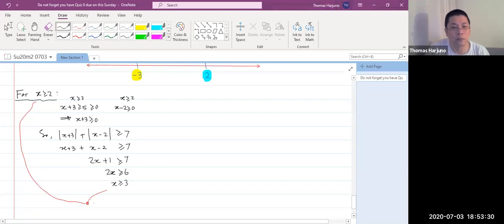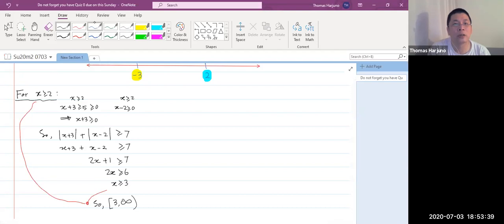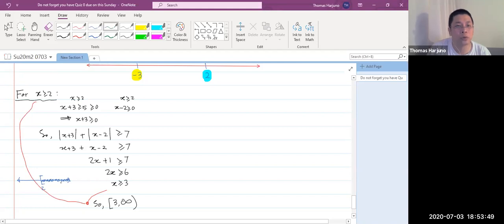So in this interval, we get at least 3. Let's take a look at the number line to help us. So it has to be at least 2 and also at least 3. Now see which one is double shaded.